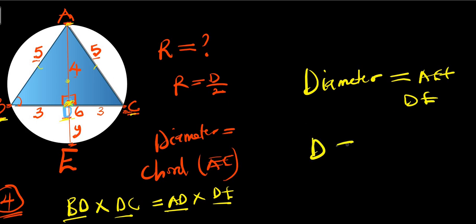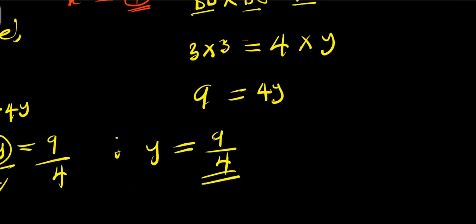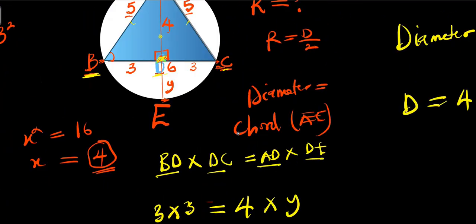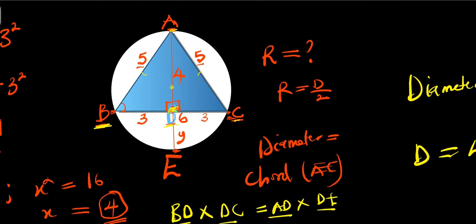So we have diameter equals 4 plus DE, which is 9/4. Remember, the one that we have just solved is 9/4, which is Y. In fact, I can easily replace it here. So to get this diameter, we need to add 4 to 9/4.